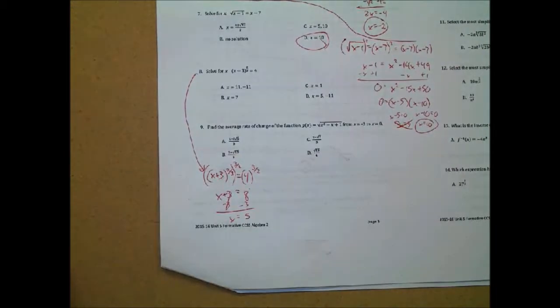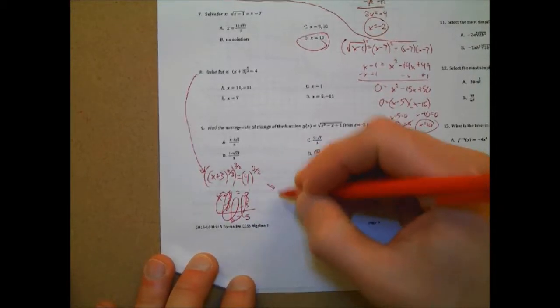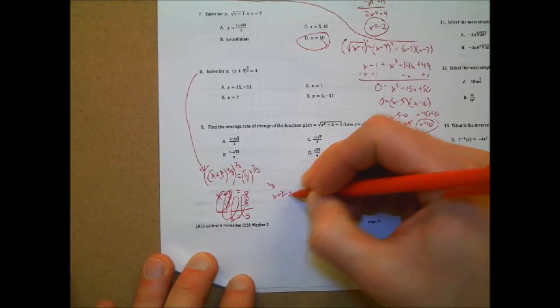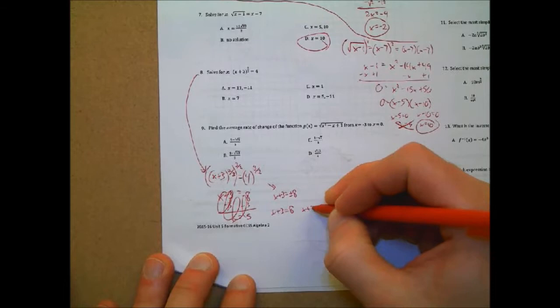Ooh, Mr. Wid. Since we square root, I've got to do plus or minus, though, actually. I forgot that square root we're doing there, it's really going to be a plus or minus. So actually, I need to change this over here. We'll say x plus 3 equals plus or minus 8. And so we get x plus 3 equals 8, and x plus 3 equals negative 8 as well.